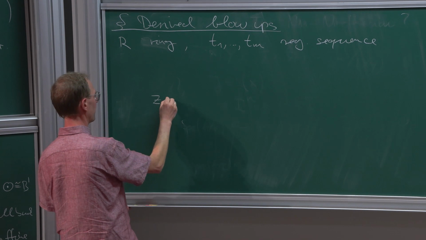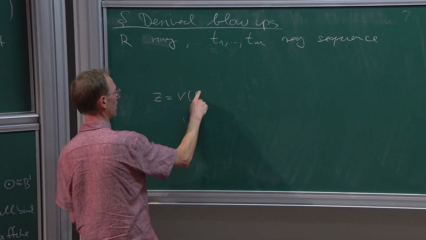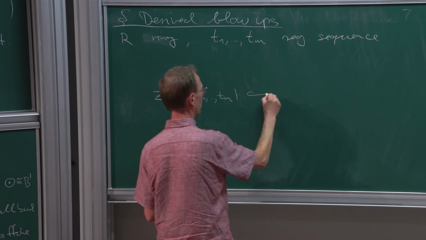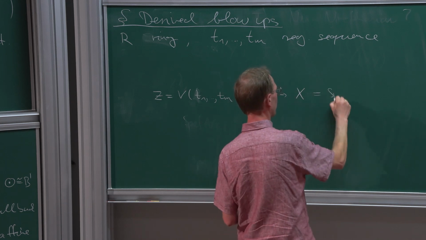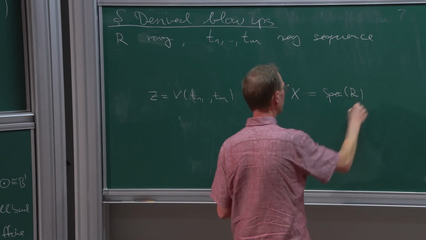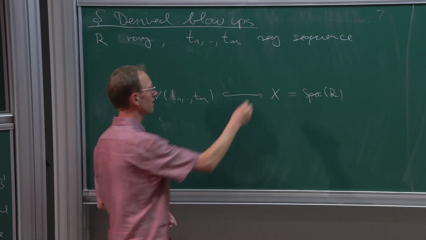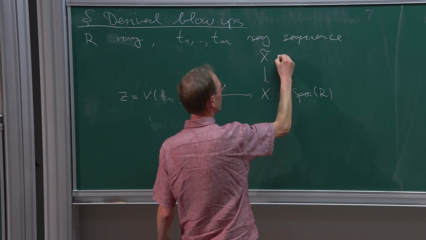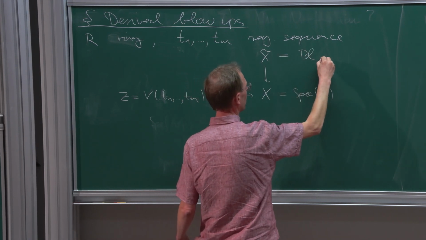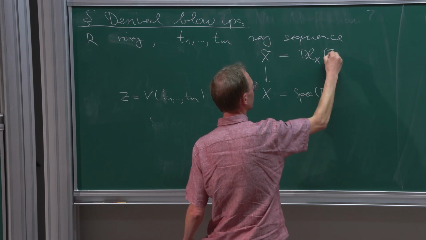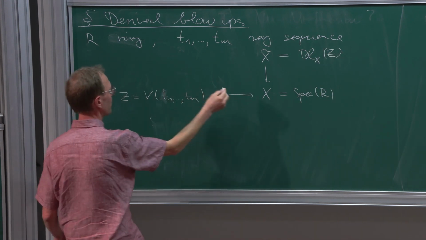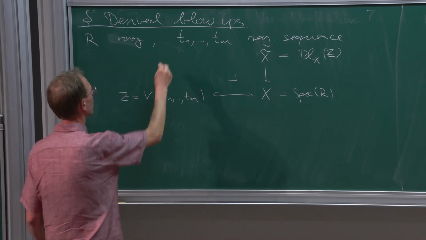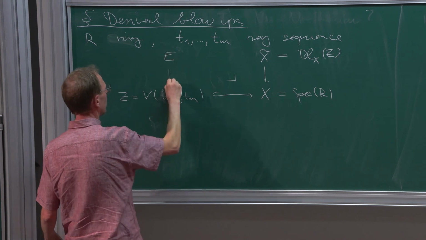Z is a closed subscheme, which is defined by these elements T1 to Tm of X, which is Spec of this ring R. And then we blow up X in the center Z. So let's denote this by X tilde to save some notation. This is the blow-up of X in Z. And then we have the exceptional divisor E, which I'll write as the blow-up of Z in X.